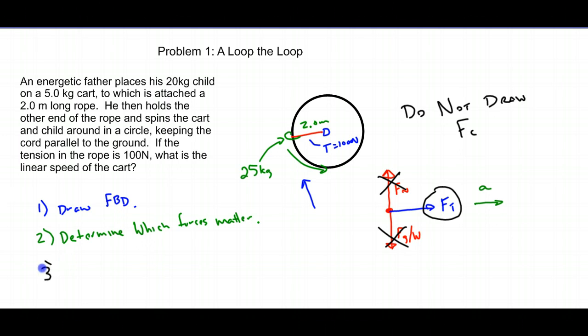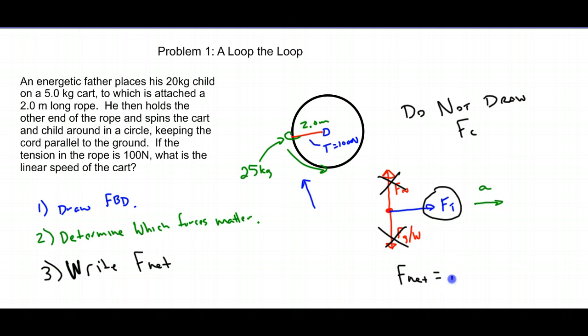So then our step 3 is to write, oops, I can't spell, I do promise. Our third step then is to write our net force expression, write F net. And so we know our acceleration is inward, so F net is equal to any of my inward forces minus any of my outward forces.